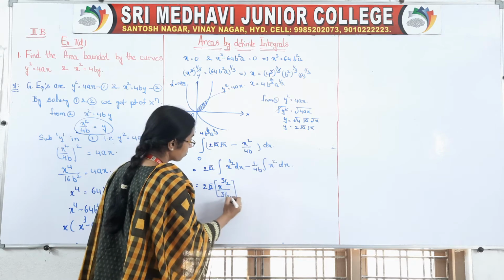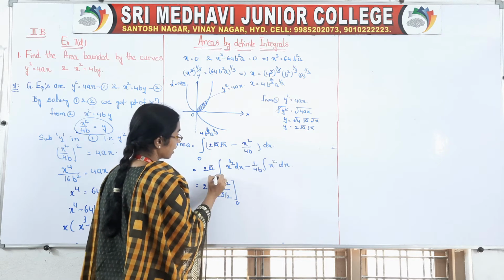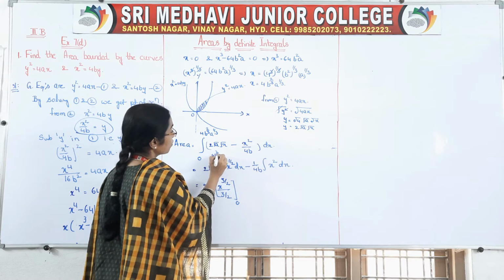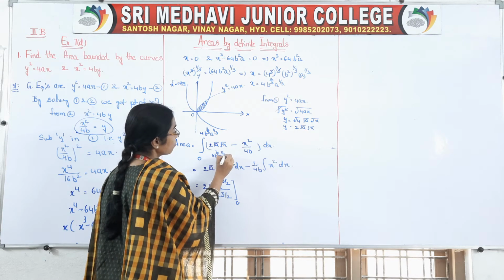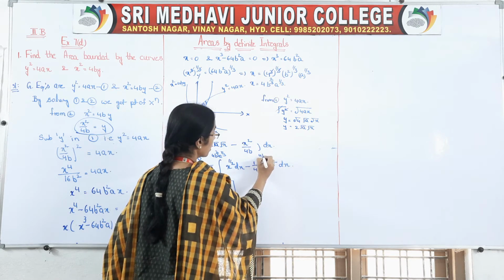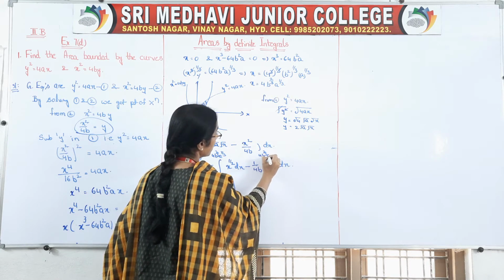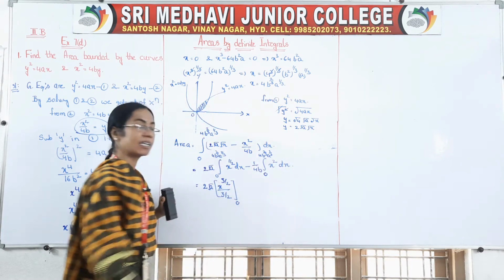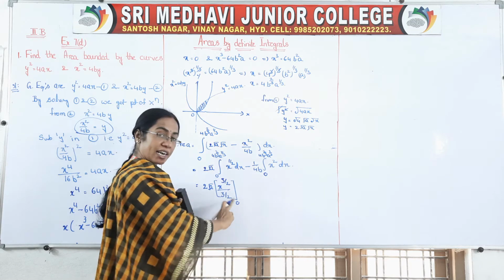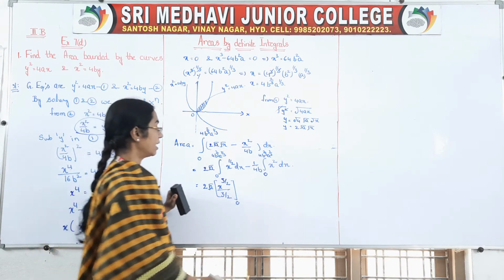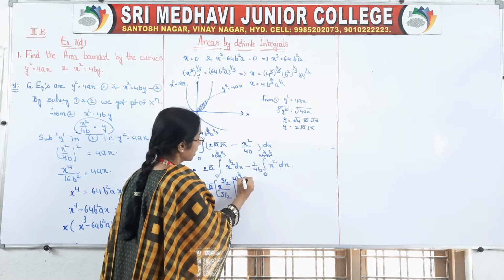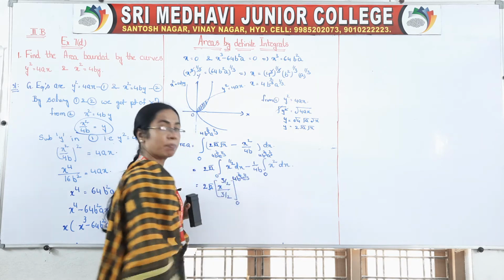After the completion of the integral, the lower limit is 0 and the upper limit is 4 b to the power of 2 by 3 a to the power of 1 by 3. So after completion of the integral, on the right side we write the limits. It is 4 b to the power of 2 by 3 a to the power of 1 by 3.